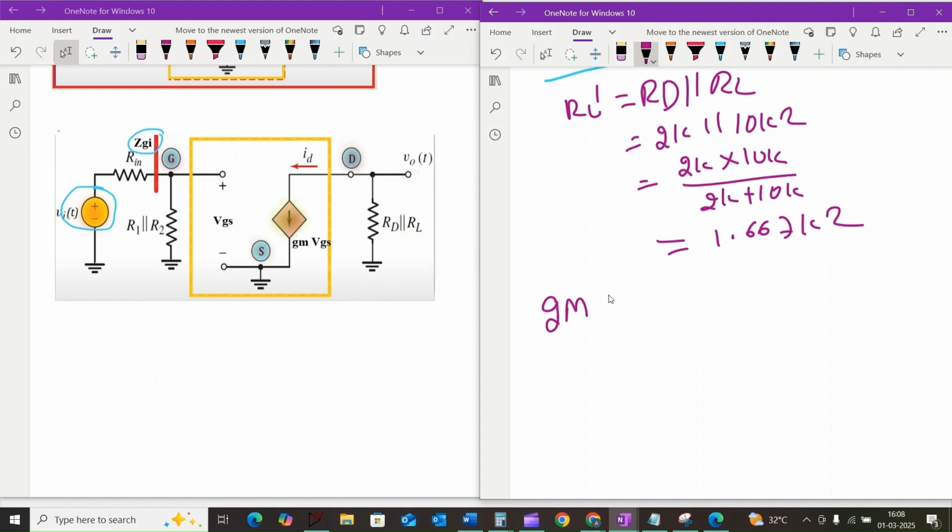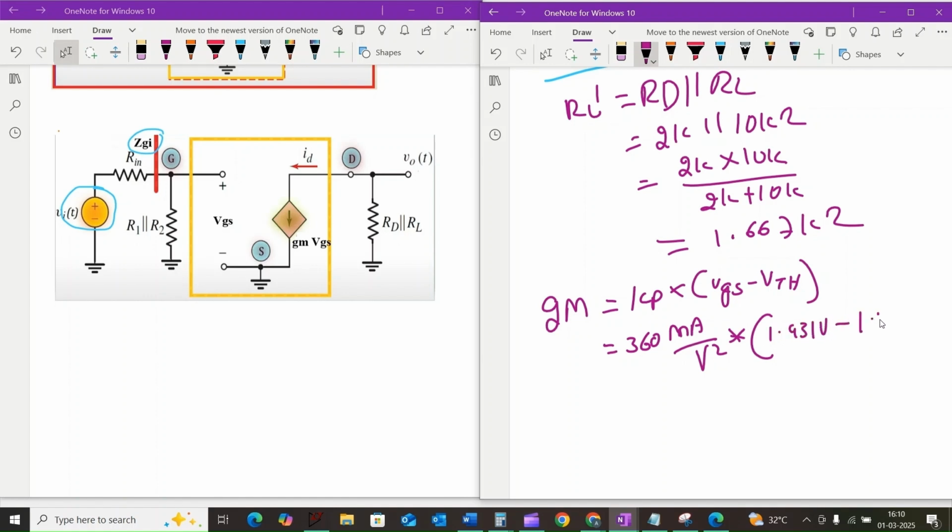So we need to calculate the transconductance GM of the N-channel MOSFET at the DC operating point, so that GM is equal to Kp into VGS minus VTH, that is equal to 360 milliamps per volt square into 1.931 volt minus 1.8 volt.